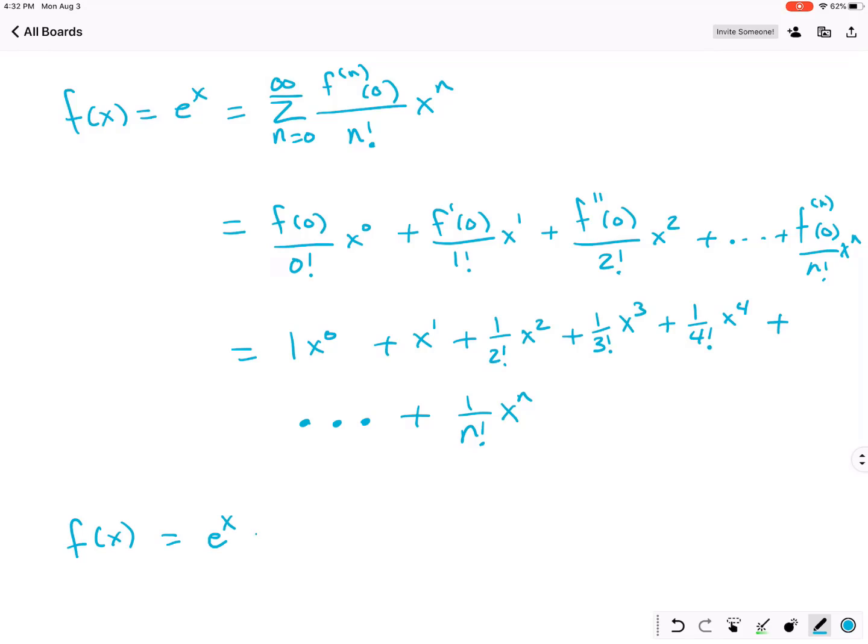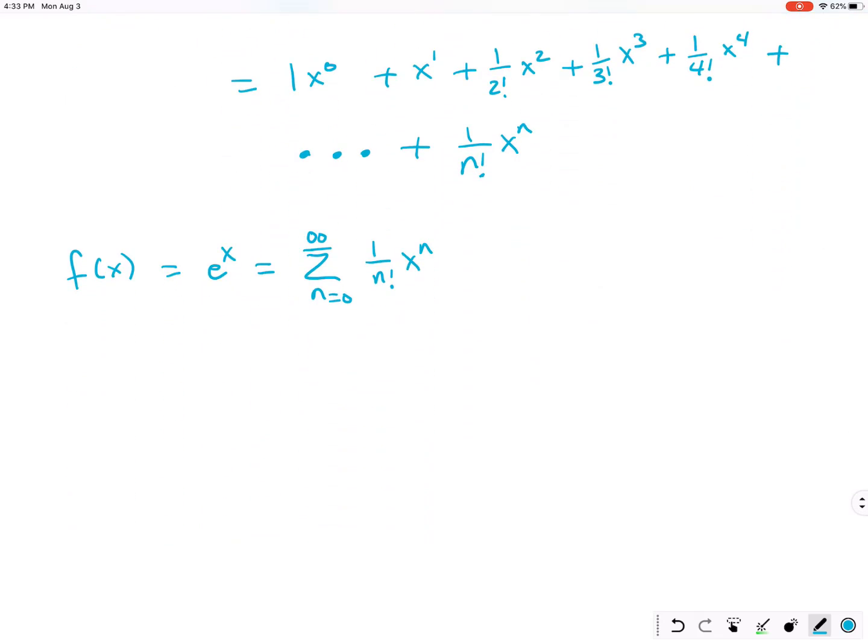And so when I write that out, I have f of x is equal to e to the x, and that's equal to the summation of n equals 0 to infinity. And taking the nth derivative and applying 0 will always be a 1, so that'll always be a 1 divided by n factorial times x to the n.